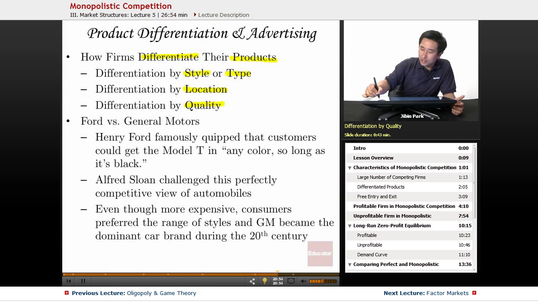So to show you how it was actually important, at least in American consumer culture, product differentiation is absolutely important. For example, let's take a look at Ford versus General Motors.